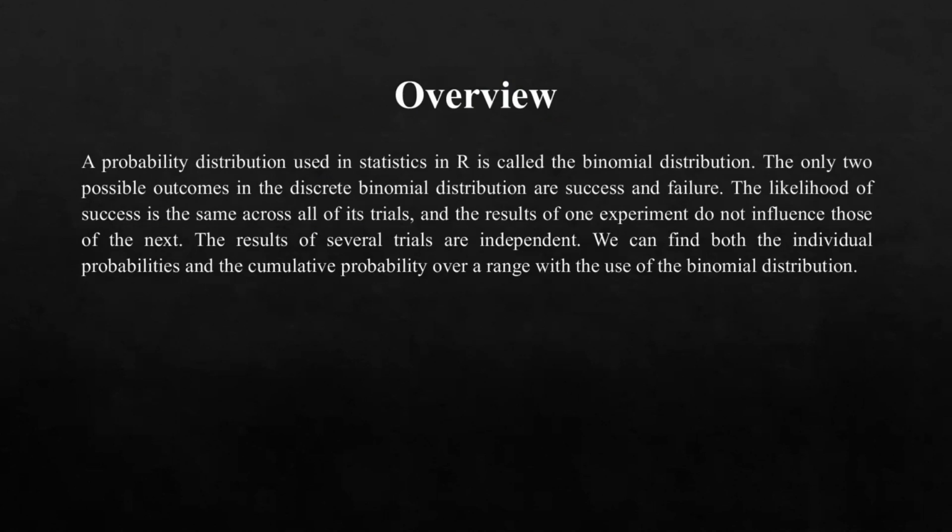The likelihood of success is the same across all of its trials, and the results of one experiment do not influence those of the next. The results of the several trials are independent. We can find both the individual probabilities and the cumulative probability with the use of binomial distribution.